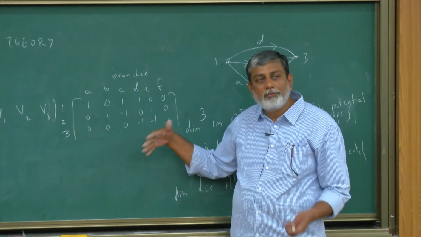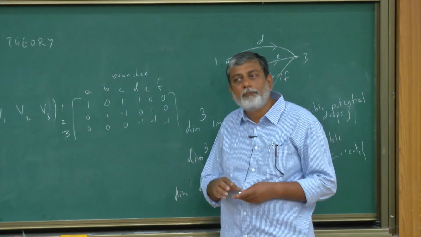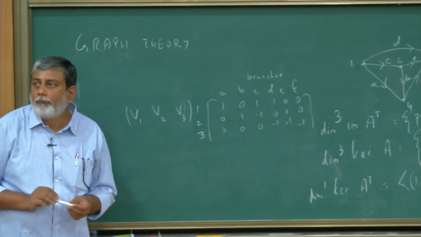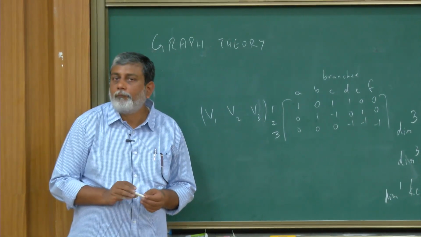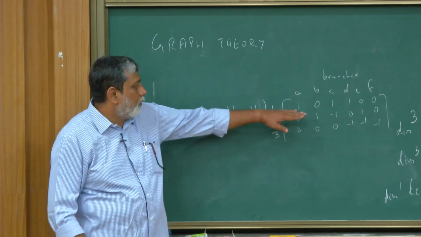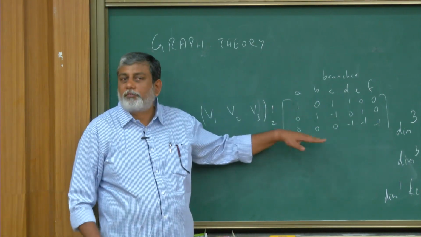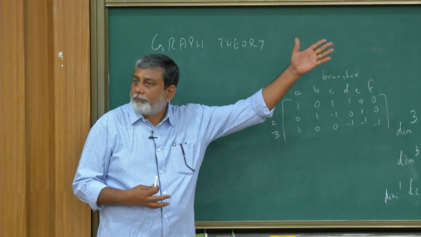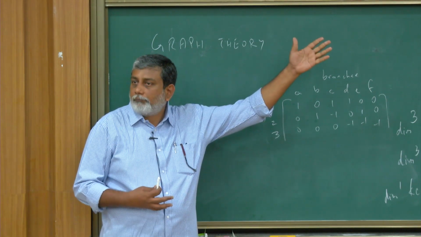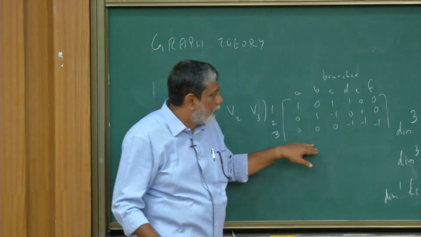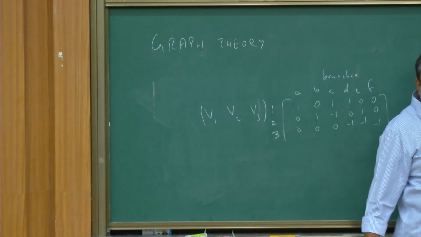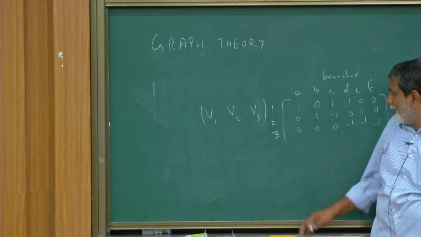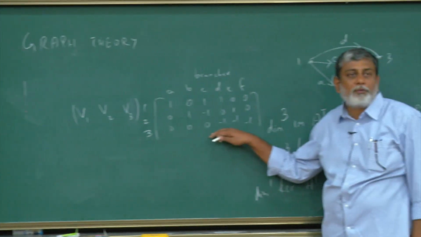And now what do you think this is? These 3 rows, what do you think it does? It gives you the permissible voltage drops that you can have in that circuit. The KVL that I wrote down is a kernel representation for it, and this is an image representation for it.